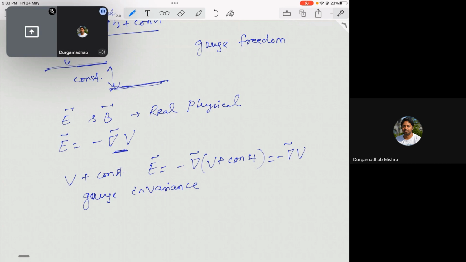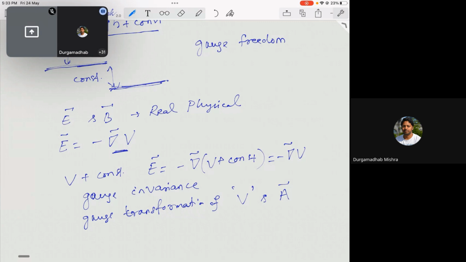I can use a vector potential or a scalar potential to describe electric field E and magnetic field B. But if I transform those scalar or vector potentials, which we call a gauge transformation, of my V and this vector potential A, it is still not going to change the reality, that is, the electric field and magnetic field which we actually encounter or experience.